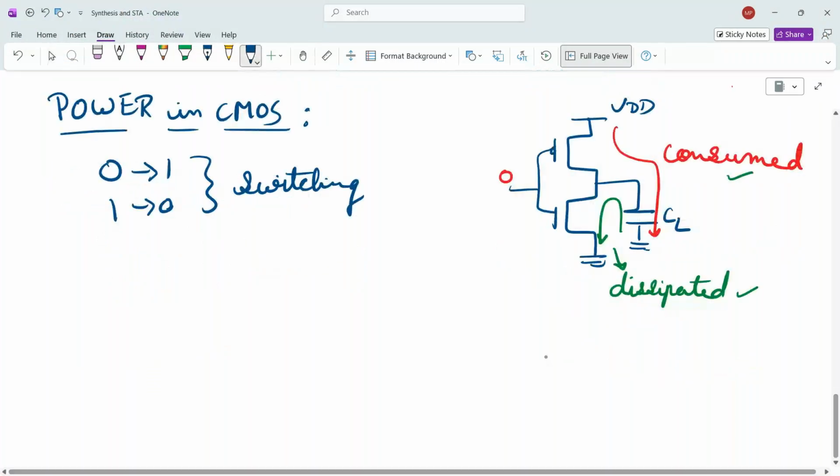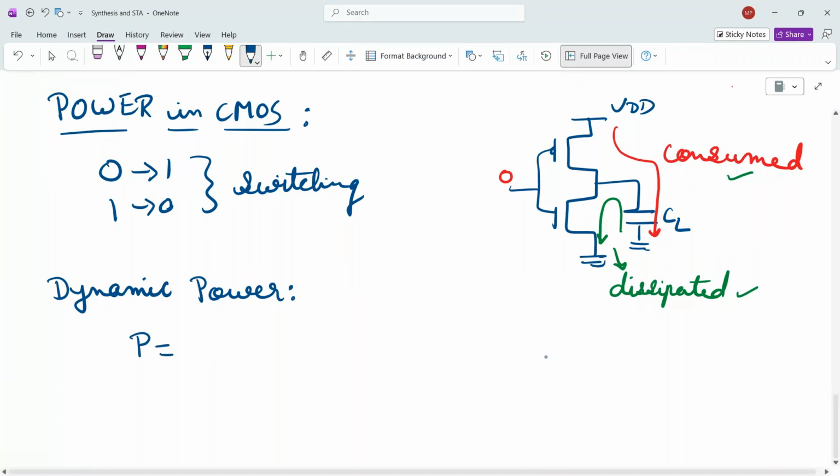So what is dynamic power? So I'll go to this.